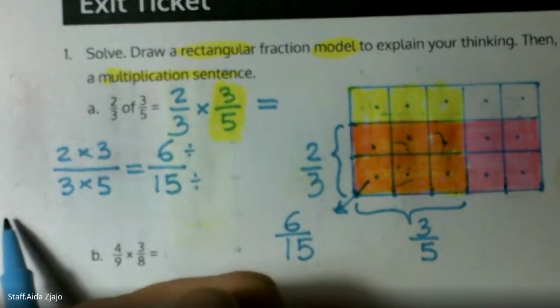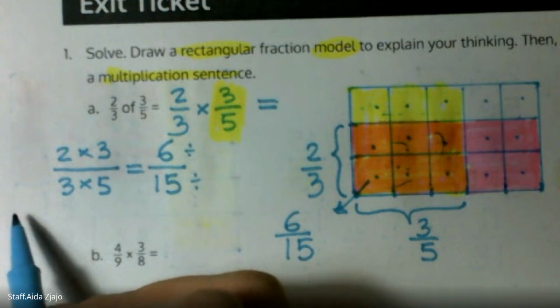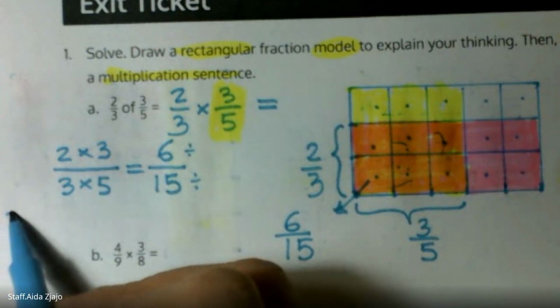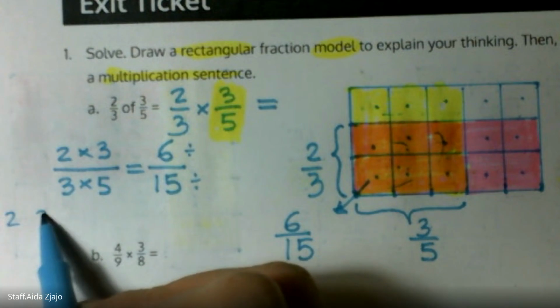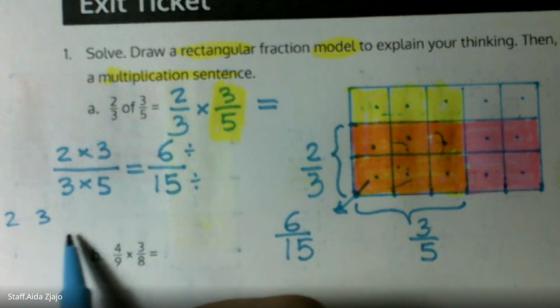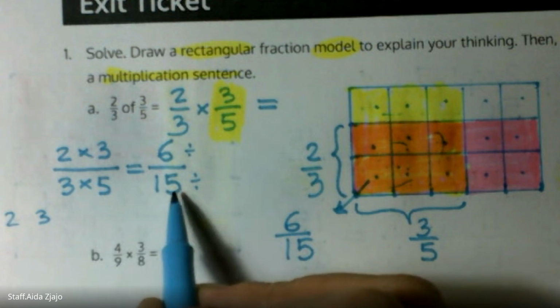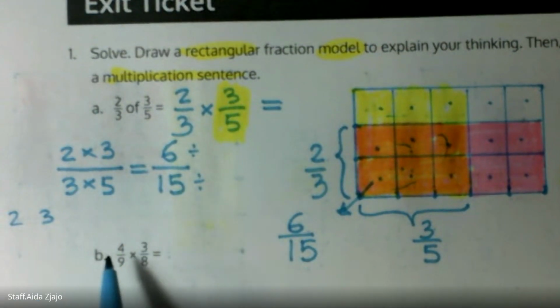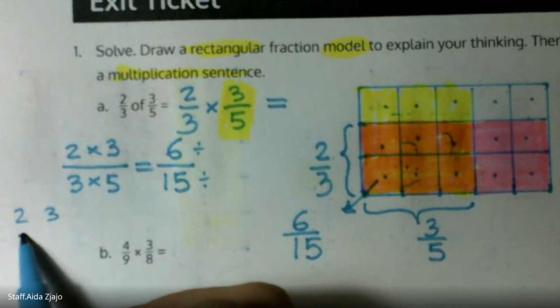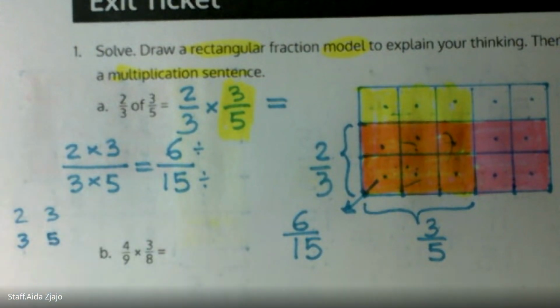I have 1 times 6 is 6, and 2 times 3 is 6. And for 15, 1 times 15 is 15, and also 3 times 5 is 15.